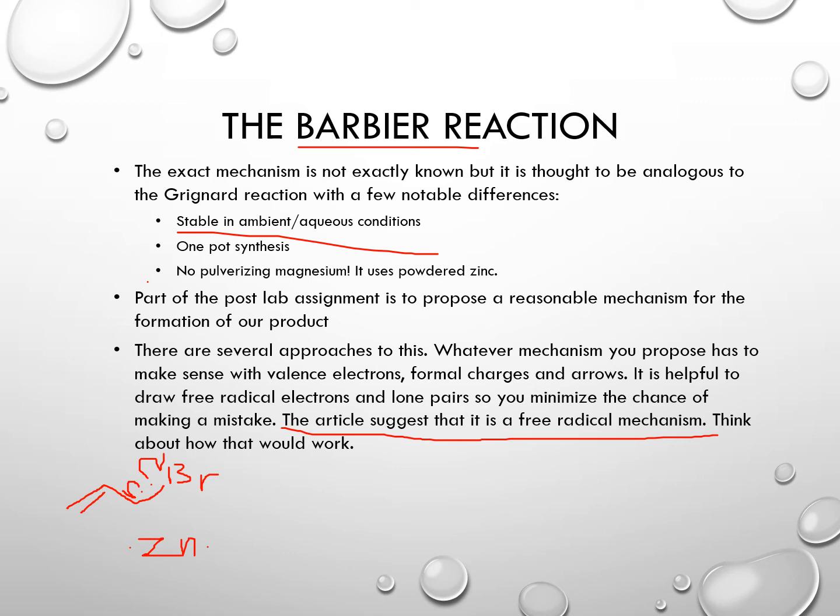So now we have, and so that's just a free radical electron, and I'm drawing all of the valence electrons. And now that we have a free radical on the bromine, bam, we're back to bromine's ground state.